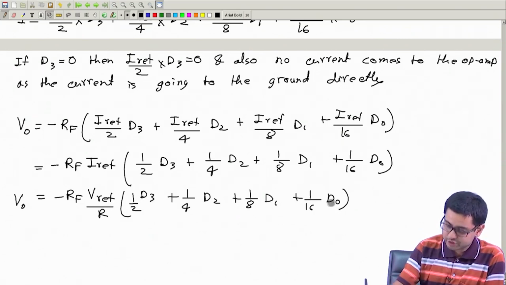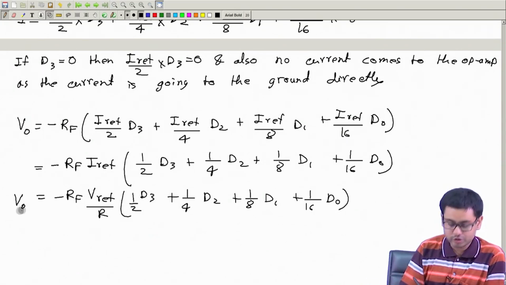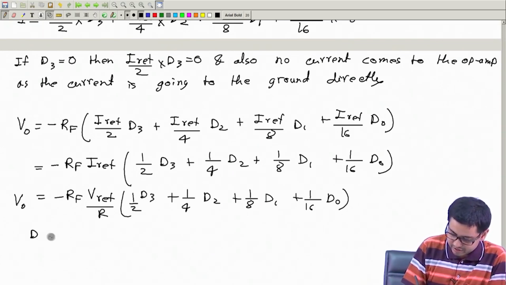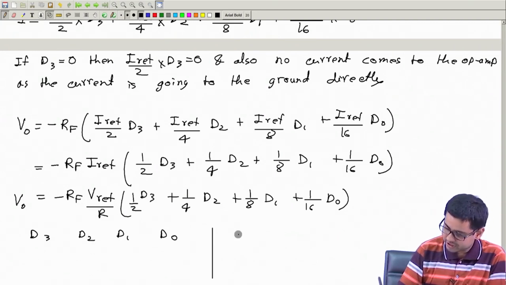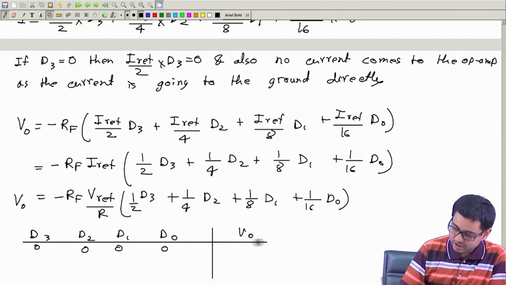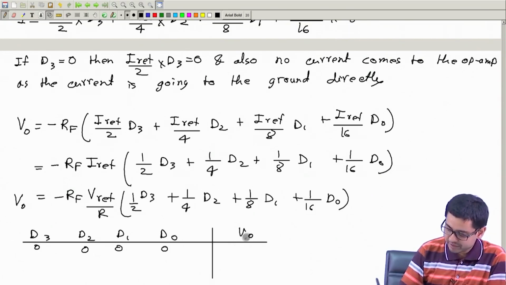And depending on these values, the output will change. So take cases. For example, you take D3, D2, D1, D0 versus VO. If all of these are 0, meaning all the switches are connected to the ground directly, then the output will be 0.